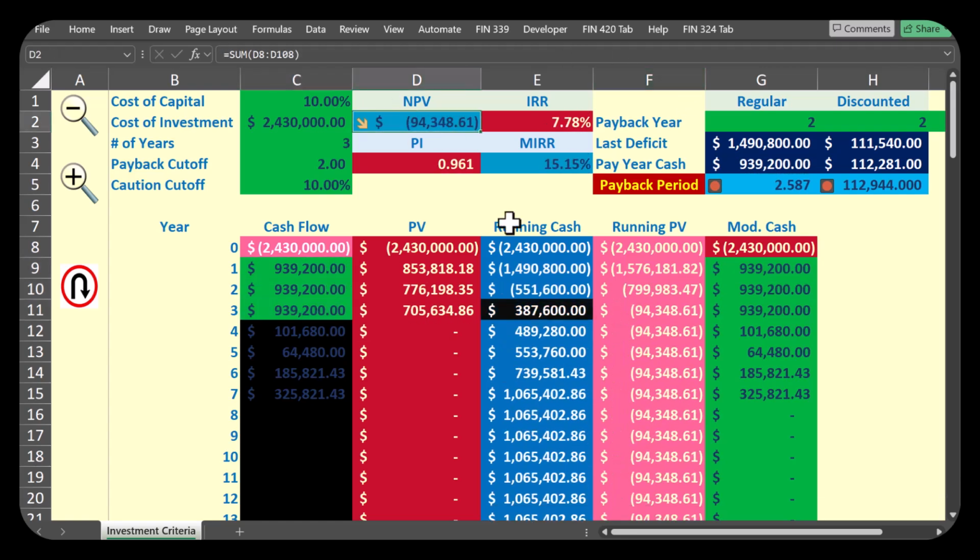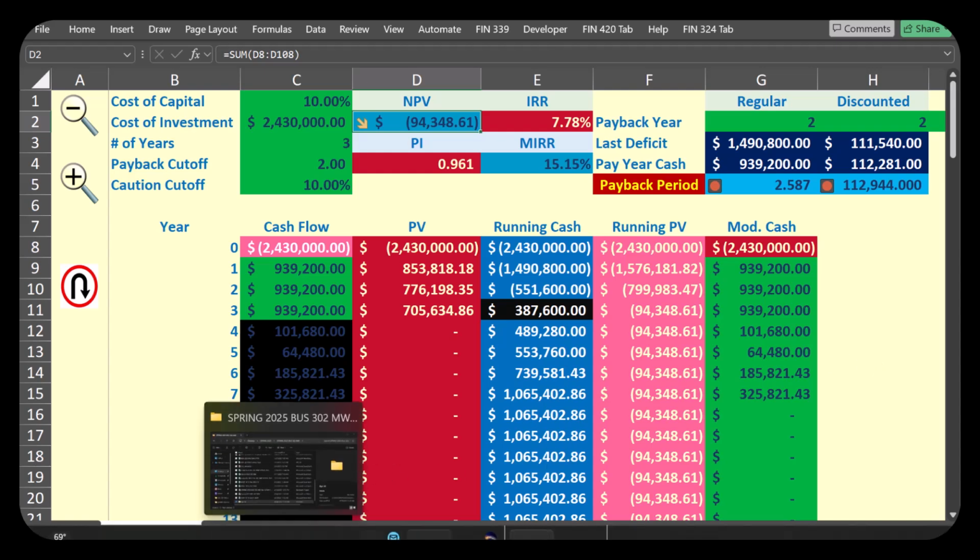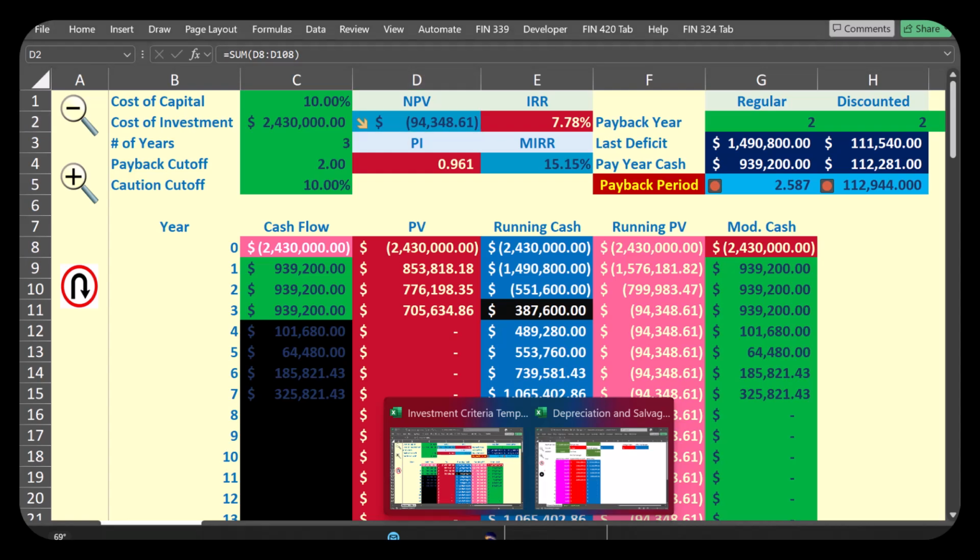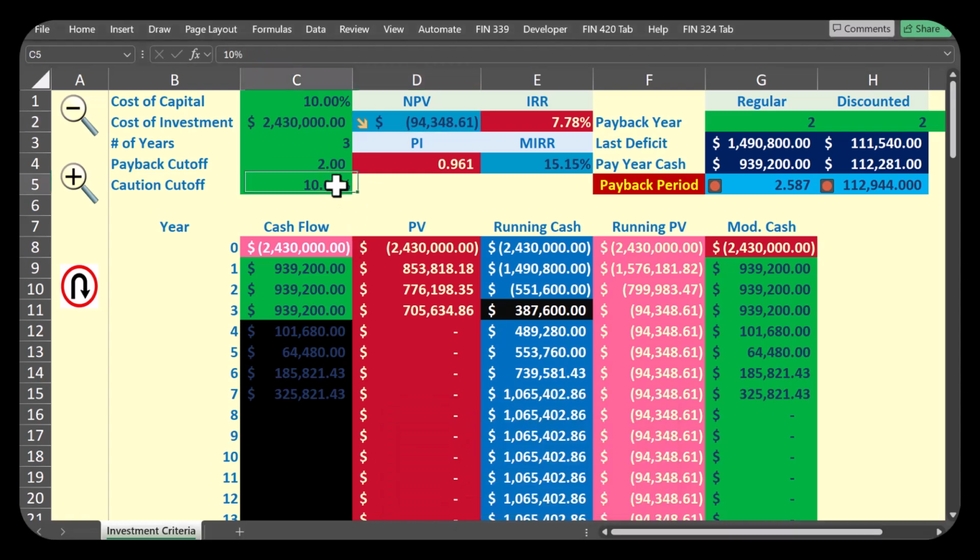And just read off the NPV. Okay. If you don't want to use the template, you can use the NPV function, but I suggest that it's better if you use the template.